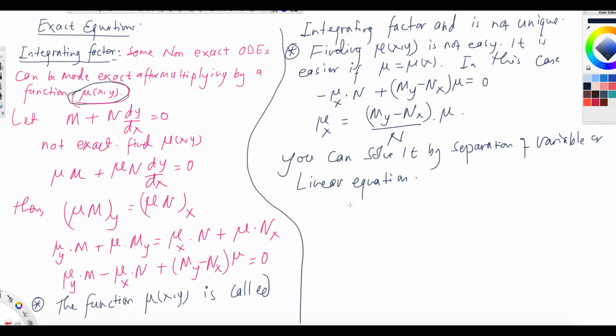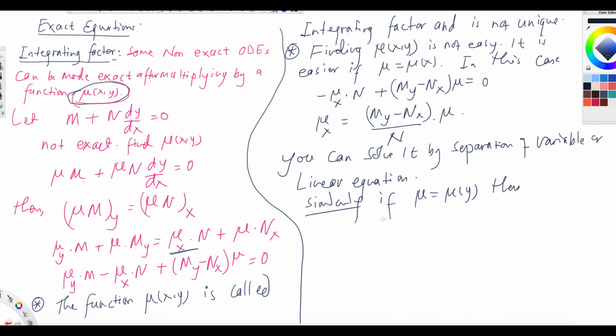Then in that case, if mu is a function of y only, then this term will go to 0, right? This term will become 0 because mu x will be 0. So what do you get? Similarly, let me write down. Similarly, if mu is a function of y, mu equals mu of y, then this mu x will be 0.